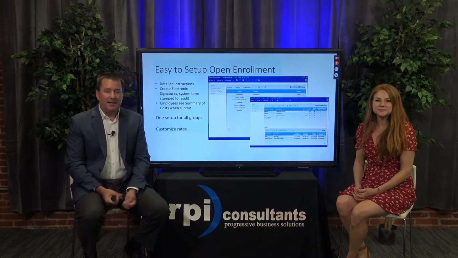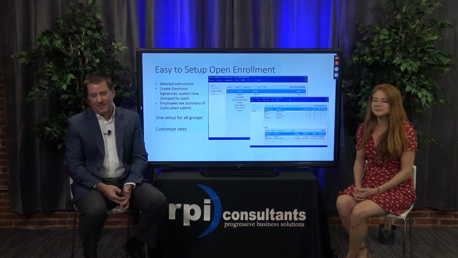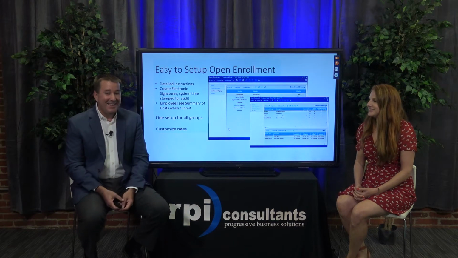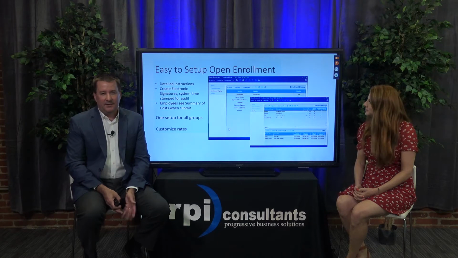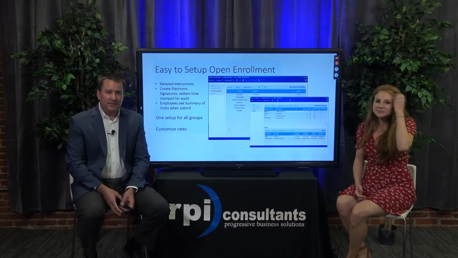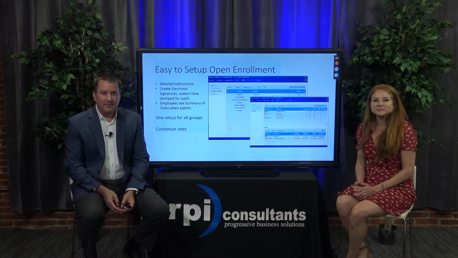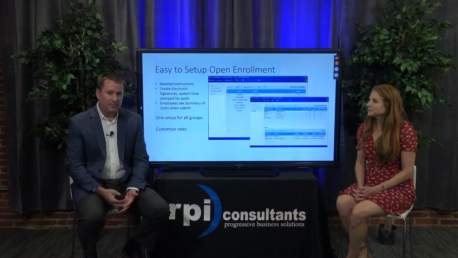So let's talk about a couple things on setup. I'd like to say it's easy to set up, but easy is up to anybody's interpretation. What you see in the back slide there is instructions. You see current benefits, dependents, beneficiaries. You can set up detailed instructions, much like you do on all the other forms in GHR.